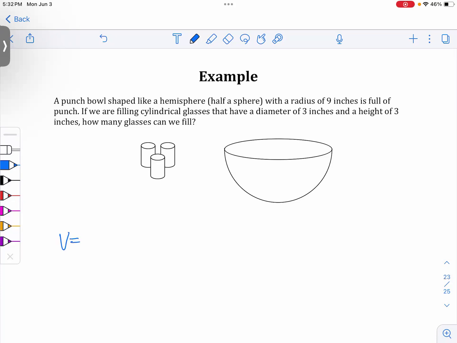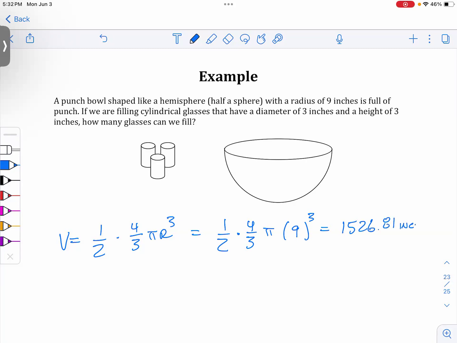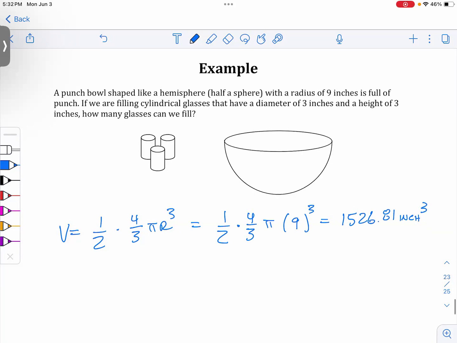The volume of a half sphere will be 1/2 times 4/3 pi r cubed, since that was our formula for a sphere. We are told the radius is 9 inches, which gives us a volume of 1526.81 inches cubed. We are now in cubic inches.